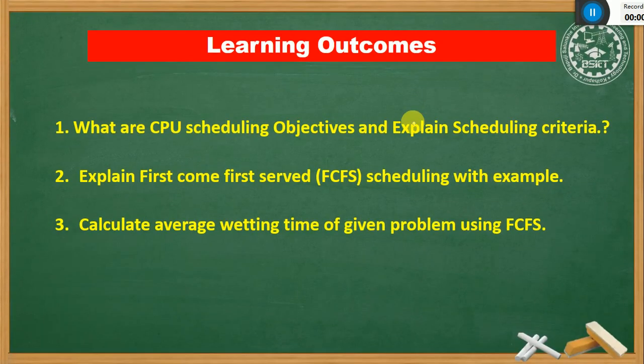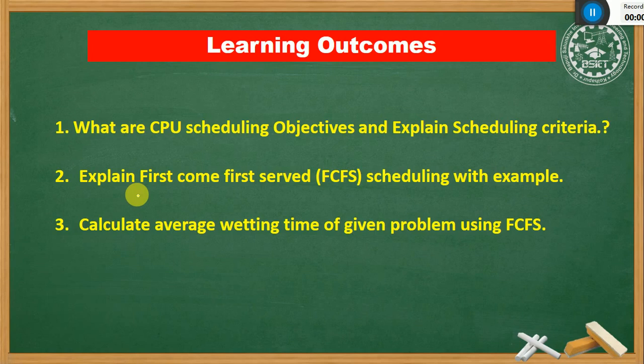CPU scheduling algorithm. The outcomes of today's video lecture are, after watching this video, students are able to explain what is the need of CPU scheduling and what are the different criteria of CPU scheduling.